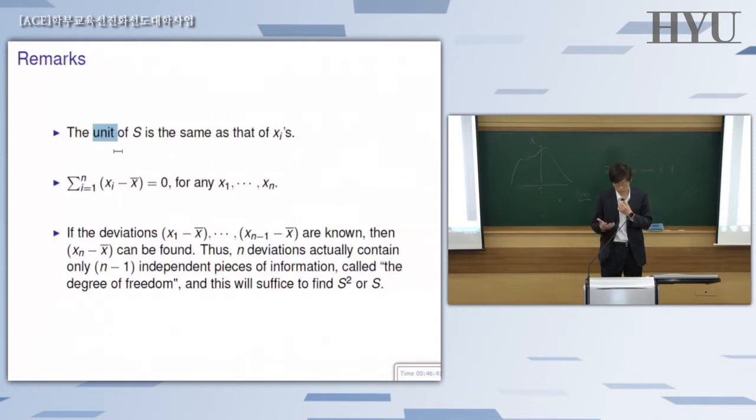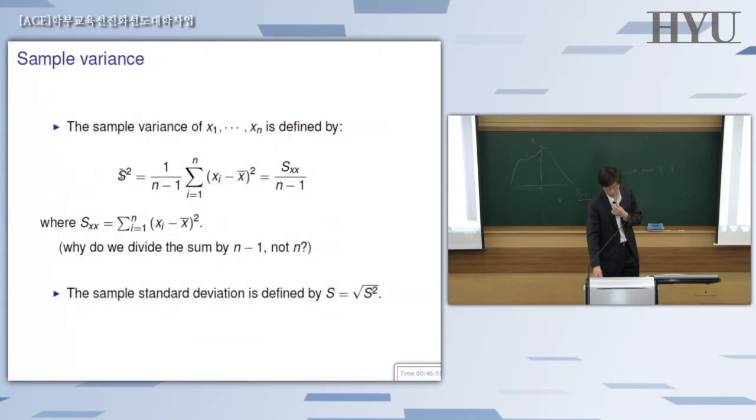So there must be some unit for the original x, your sample. This first statement claims that the unit of s, the square root of the sample variance, is exactly the same as that of x. So if you compute the sample variance first, and then the sample standard deviation, the unit of s must be identical to that of x.